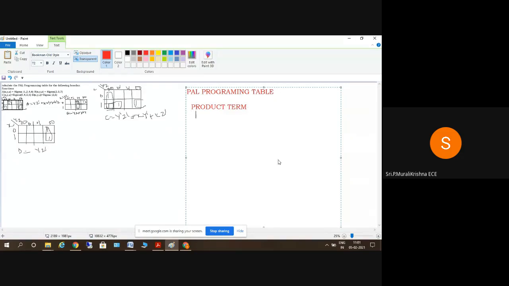So what is the value of A here? A has the product terms, write all the product terms. So there is no need of minimizing this. So write the product terms related to A.